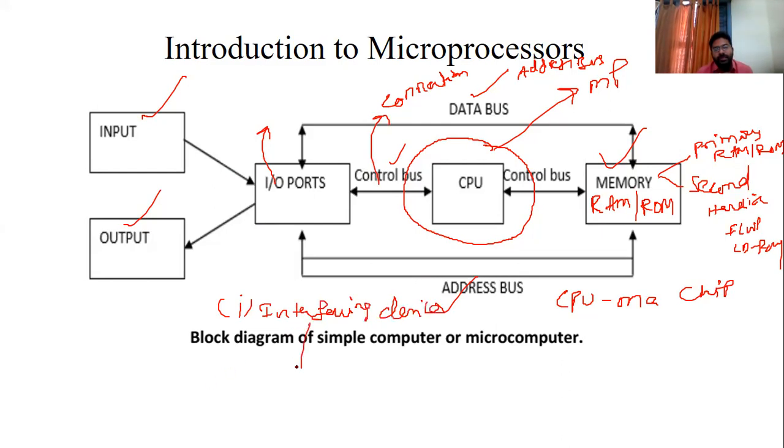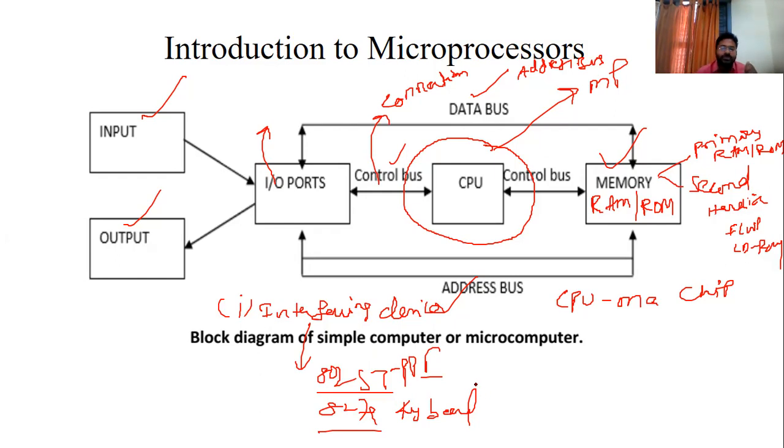There are different types of interfacing devices: the 8255 PPI, programmable peripheral interface, or the 8279 keyboard interface. Whenever you want to interface a keyboard to the CPU, you require this. Then there are the 8259 and the 8257. We already discussed this.